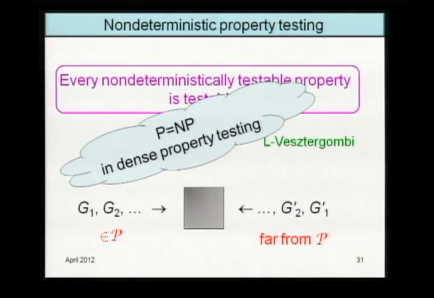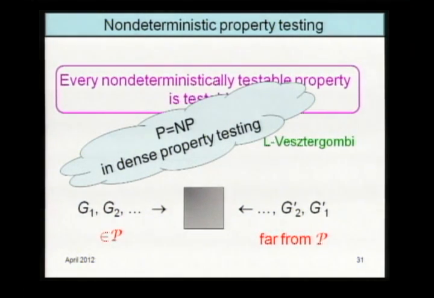And I will conclude just with this picture. So what would it mean that it's not testable? It means that you will have two sequences of graphs which are difficult to distinguish from each other, and one sequence has the property and the other sequence is far from having this property.